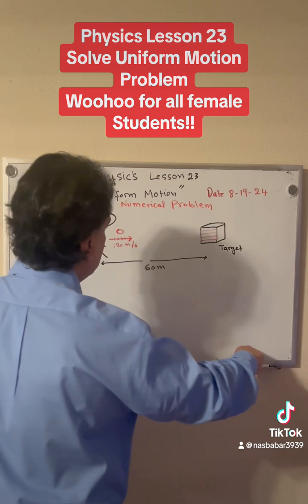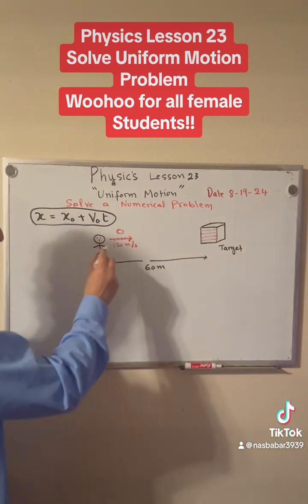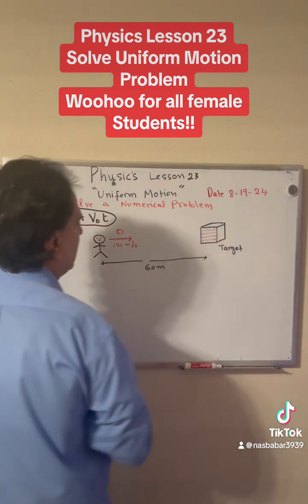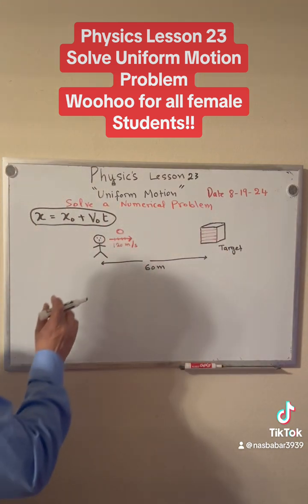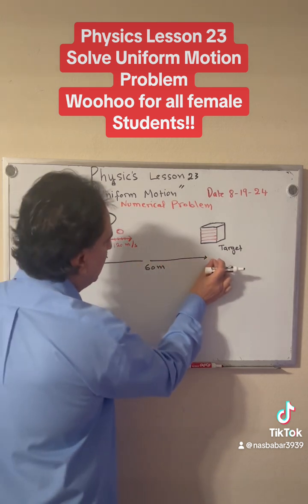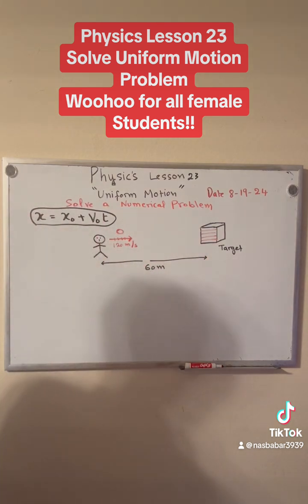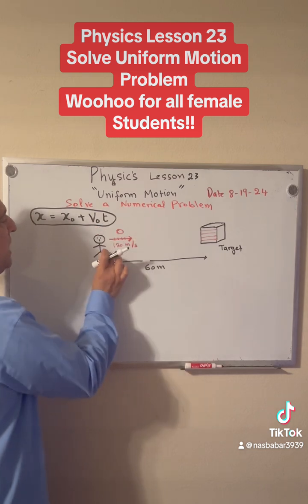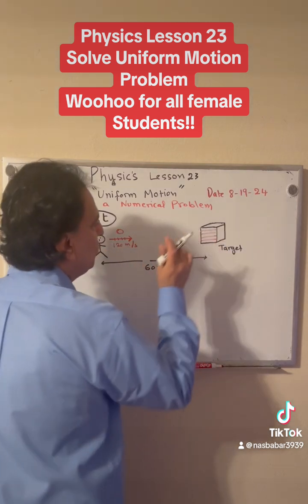The ball is hit at 120 meters per second to this target. Now, the distance given from the pitcher to the target is 60 meters. What we have been asked is to find out how much time it takes for the ball to reach from the pitcher all the way to the target.